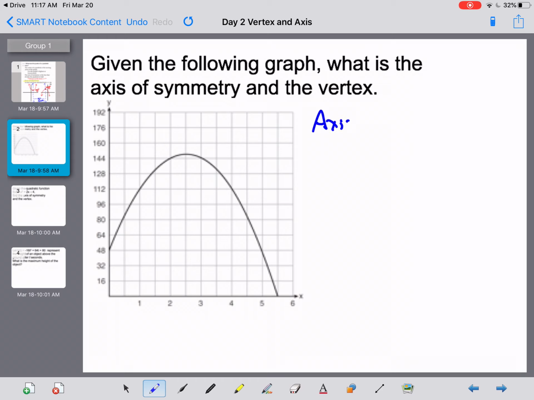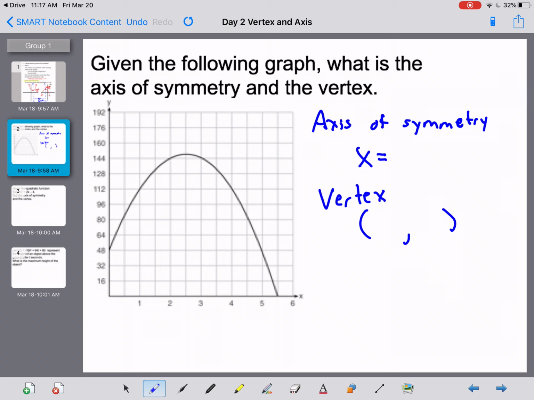When I'm finding my axis of symmetry, I need to remember that my axis of symmetry is always going to be in the form of x equals some number. And my vertex is always going to be a full point. So there'll be an x value and a y value.